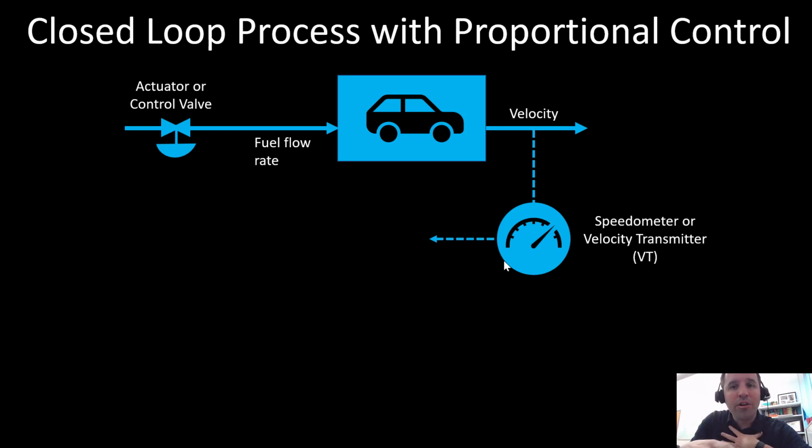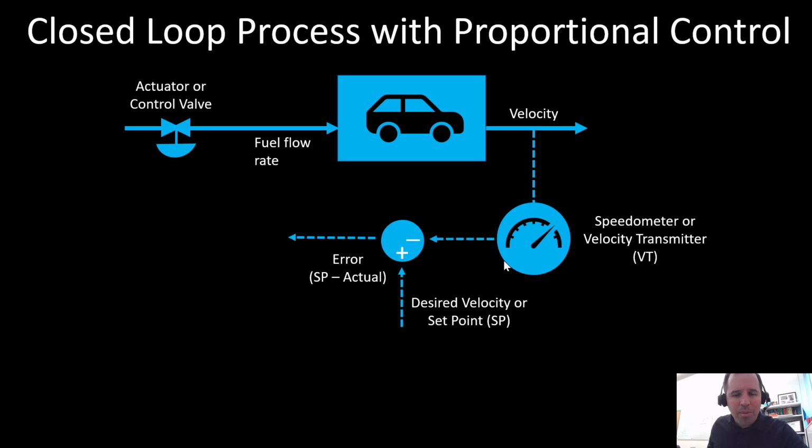So the speedometer tells us how fast we're actually going, but then we would need to enter our set point, which is basically our desired velocity. We would calculate the error between our desired velocity and our actual velocity. Actual is measured by the speedometer, and desired is something that we would enter into our car's computer, usually just with some simple controls on the steering wheel.